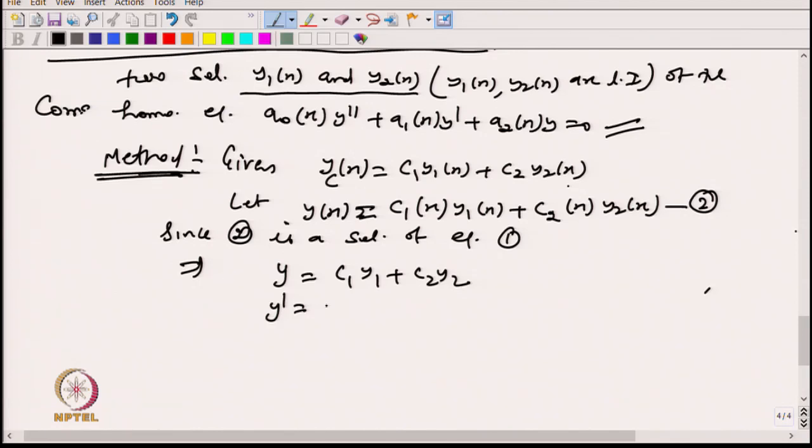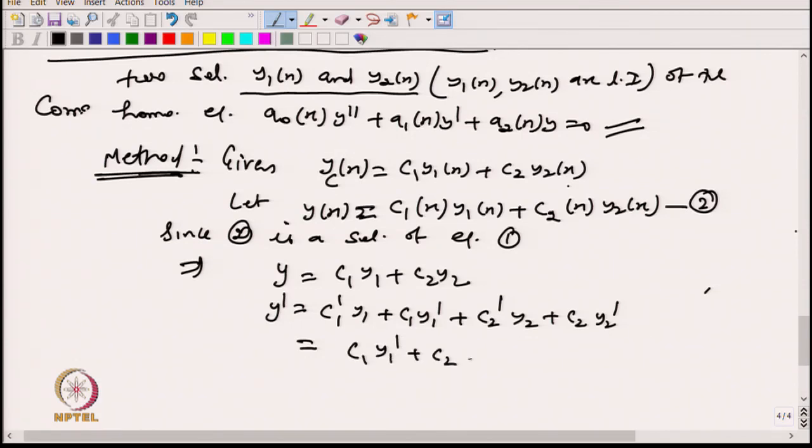So y dash, the first derivative, becomes c1 dash y1 plus c1 y1 dash plus c2 dash y2 plus c2 y2 dash. From here I write c1 y1 dash plus c2 y2 dash plus c1 dash y1 plus c2 dash y2.